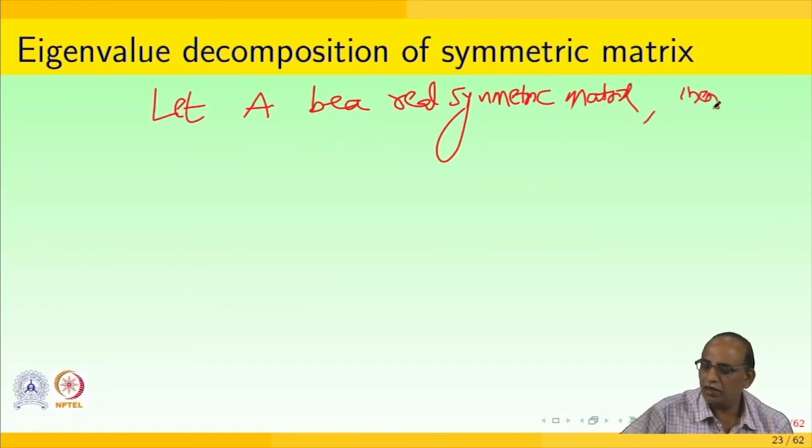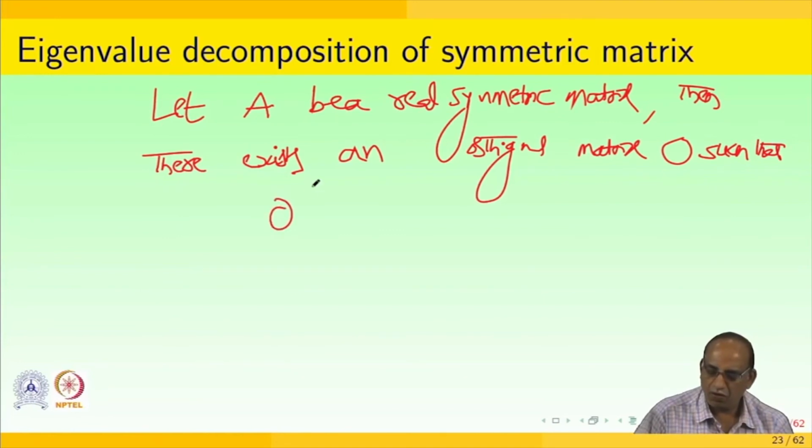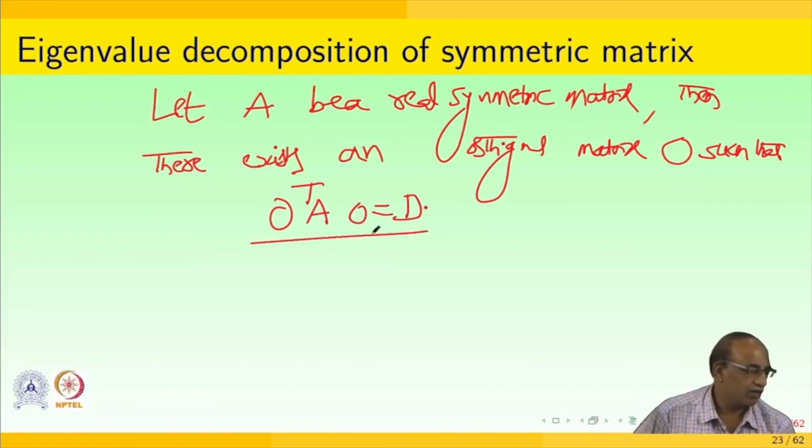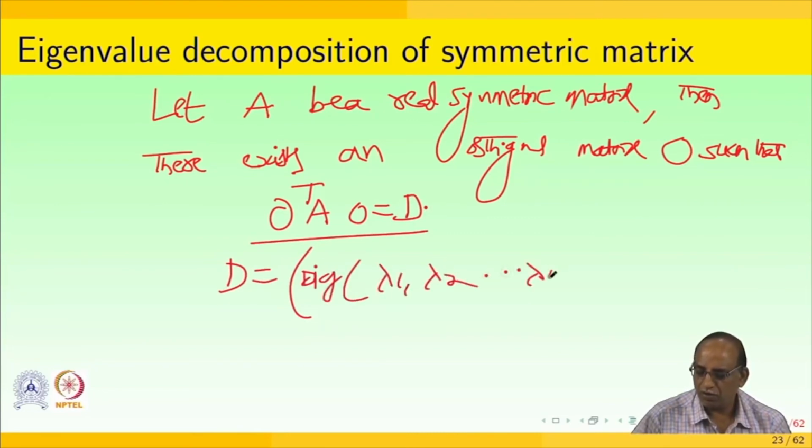Then there exists an orthogonal matrix O such that O transpose AO is equal to D, where D is diagonal of lambda 1, lambda 2, lambda n.